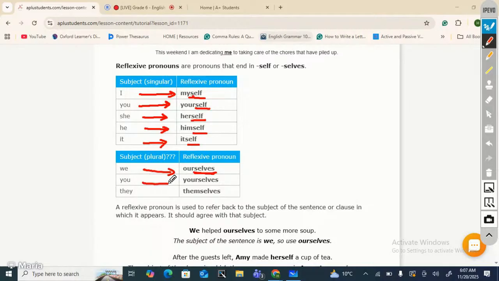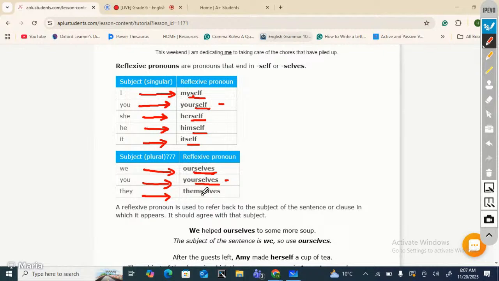If it is you, use yourselves. Now look, yourself and yourselves, these are different too. Yourself refers back to you, which is a singular subject, and yourselves refers back to you, which is a plural subject.